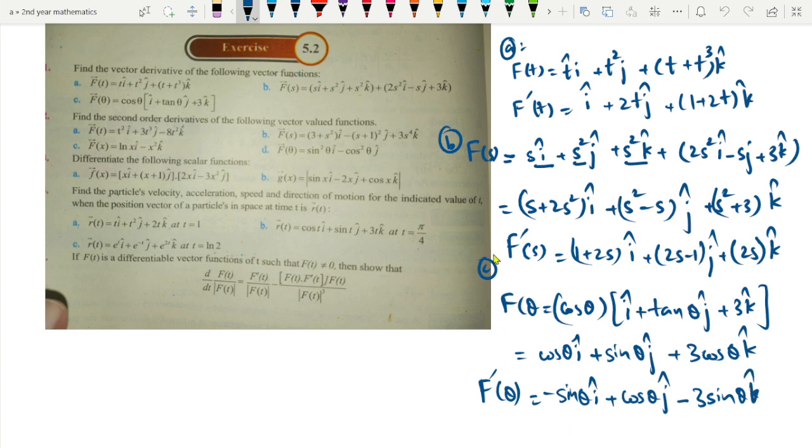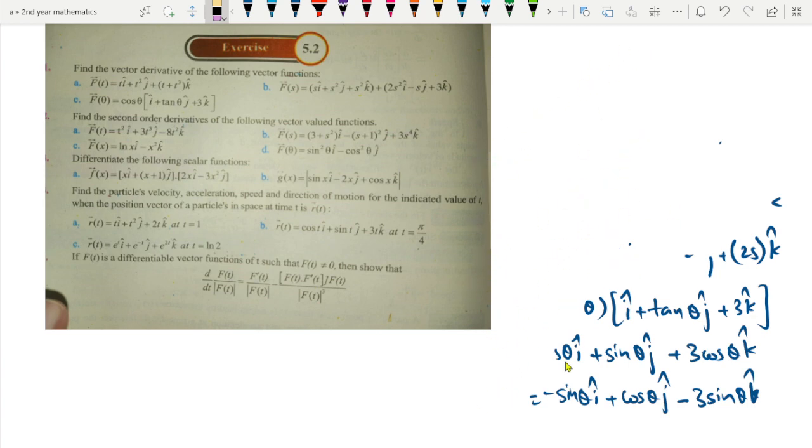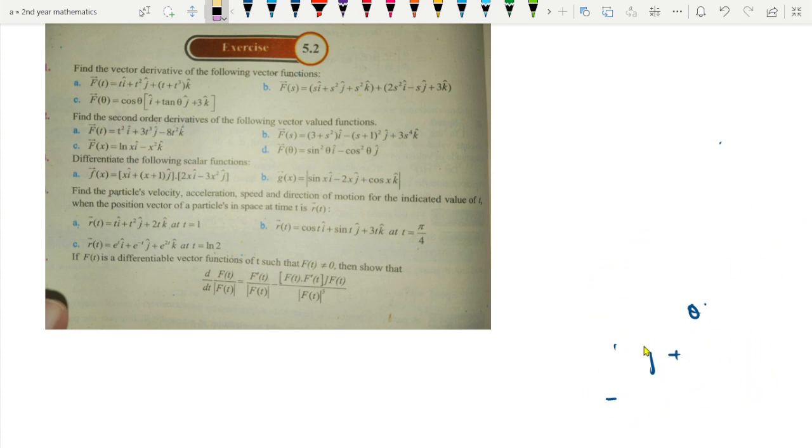Now we will discuss question number 2. Find the second order derivative of this one. So f of t is equal to t square i plus 3t cube j minus 8t square k.